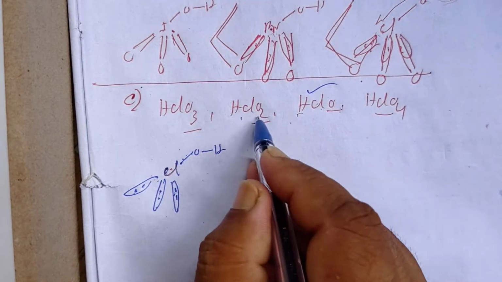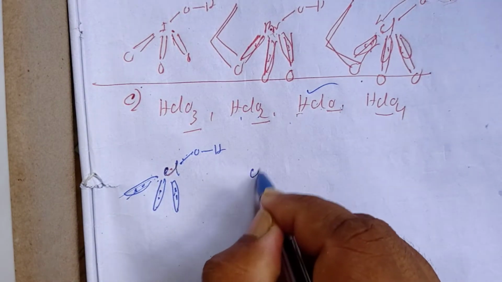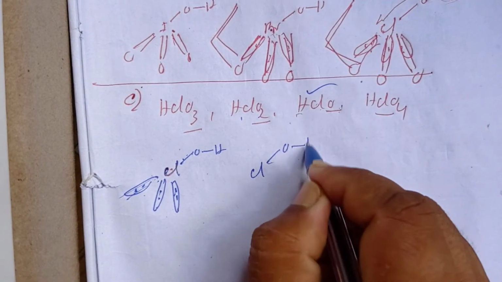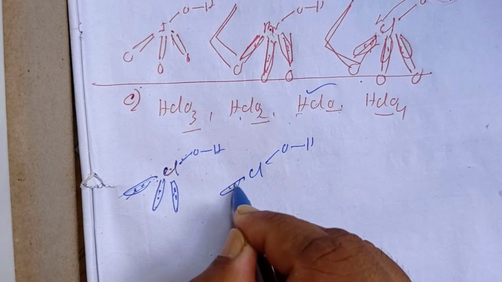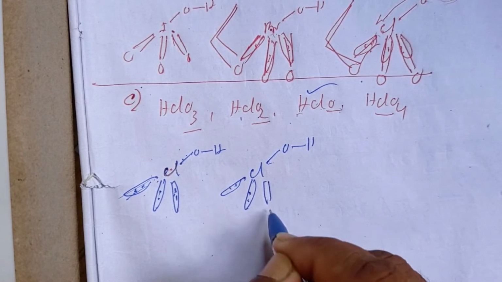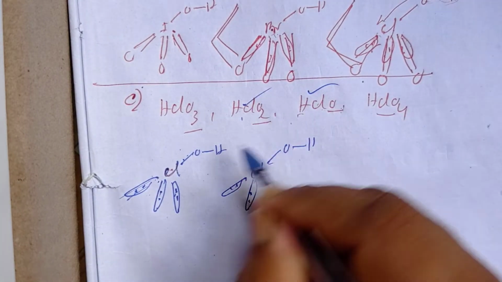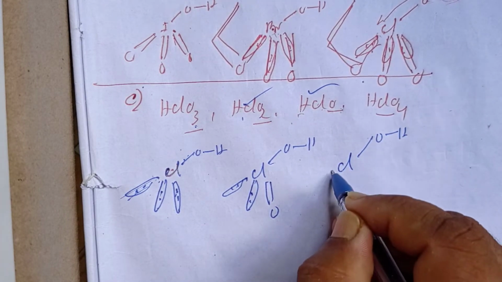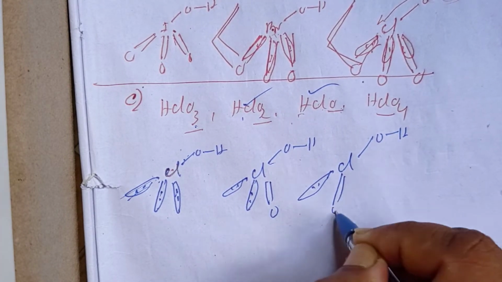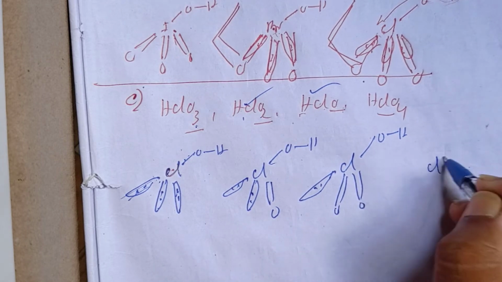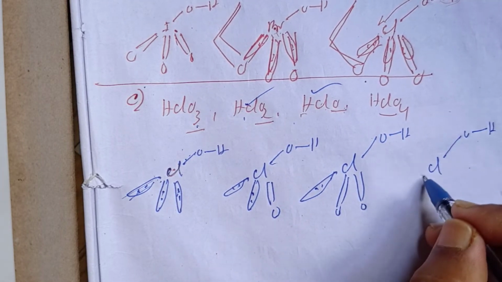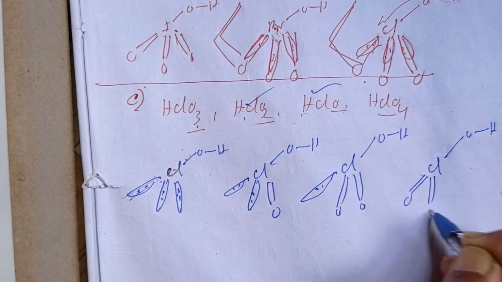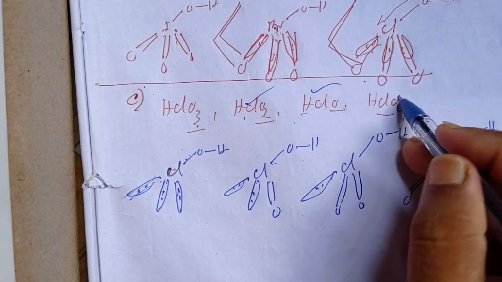For another, Cl with oxygens has double bonds to oxygen. Cl, this oxygen and this hydrogen, lone pairs. For the third, Cl, oxygen, hydrogen, with two oxygens here. And Cl, oxygen, hydrogen, 1, 2, 3, 4 oxygens, this one is HClO4.